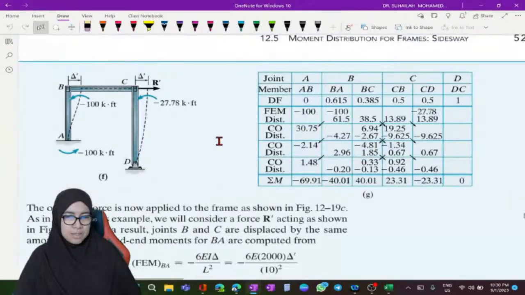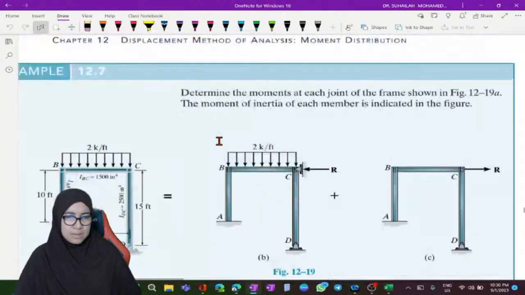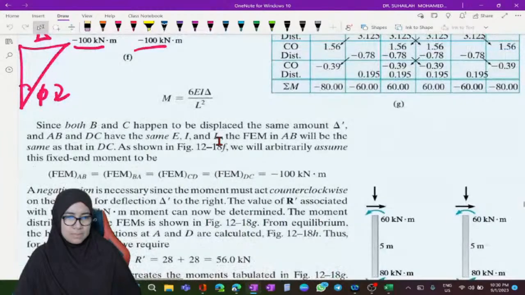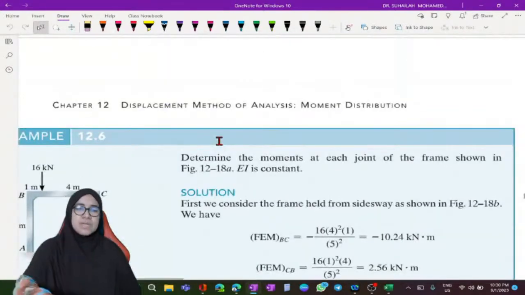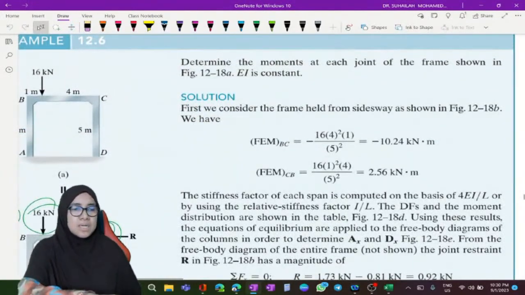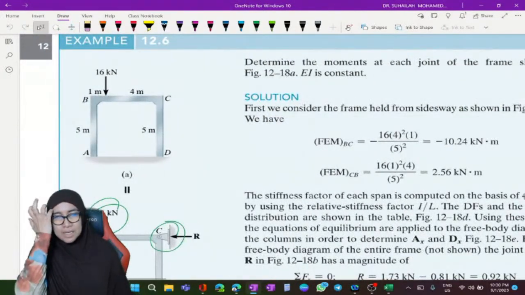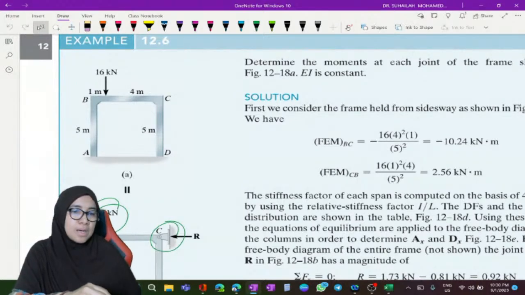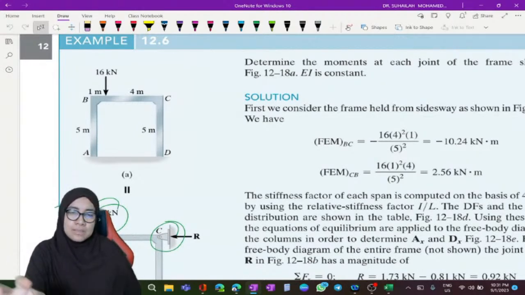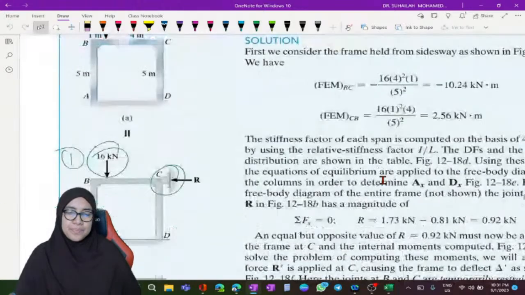Okay, this is actually example 12.6 in the textbook. In the textbook, this is the question we discussed since video number 1 until now. Okay, this is the same.